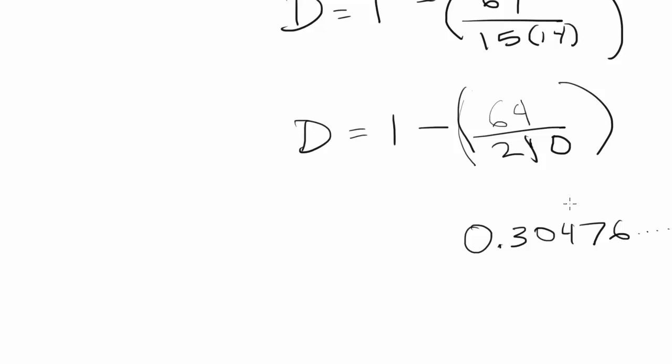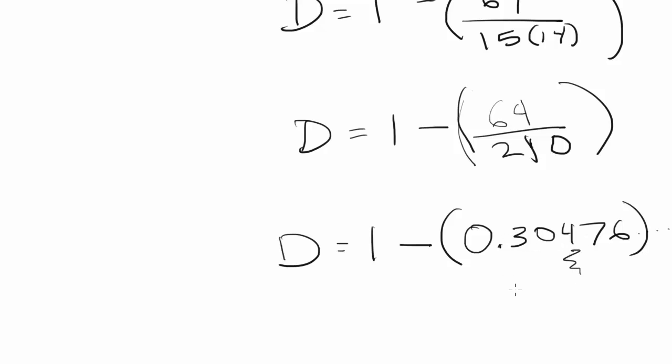You might think that's the answer there, but don't forget this. We're going to go 1 minus that to get our diversity. So I'm going to round that to 0.305. I'm going to round appropriately at this position.